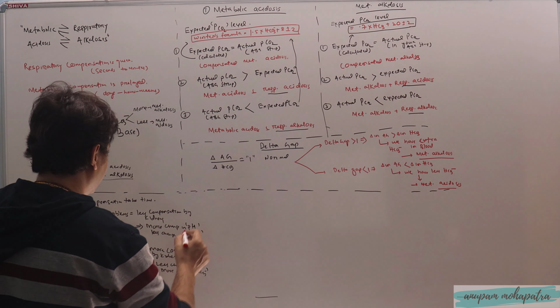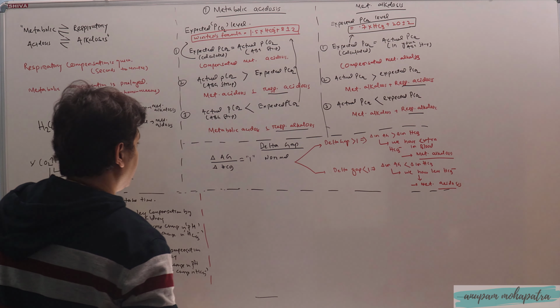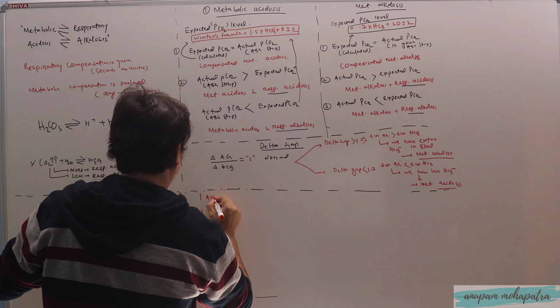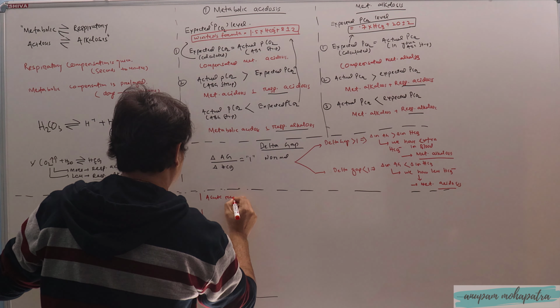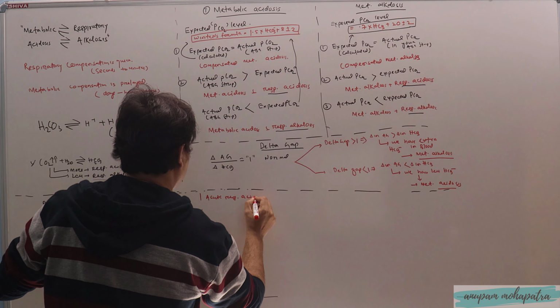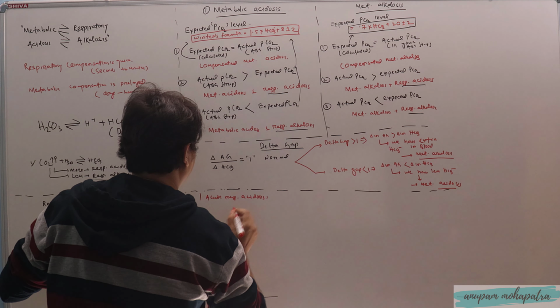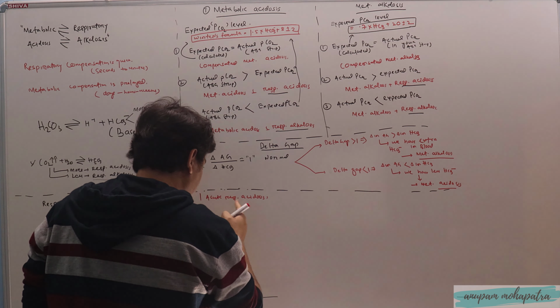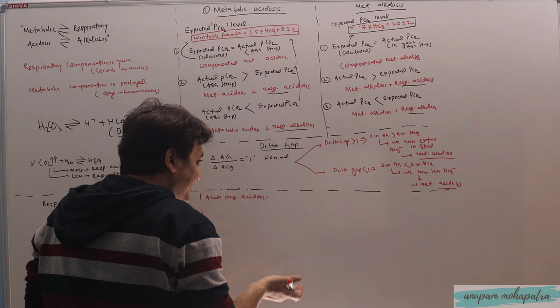So now, first we'll discuss acute respiratory acidosis. Remember this formula. Respiratory acidosis means the CO2 level will be increased.